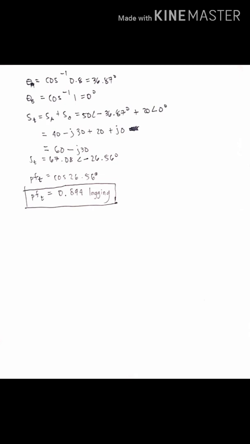So equals 40 minus j30 plus 20 plus j0, which is 60. Combining them, minus j30. So S sub T is equal to 67.08 angle of negative 26.56 degrees. Then the power factor is cos 26.56 degrees, or 0.894 lagging.